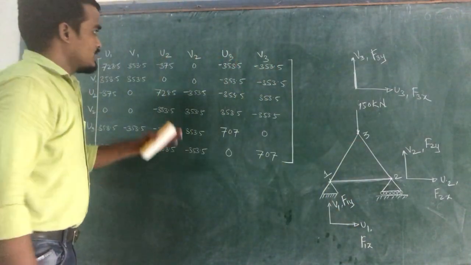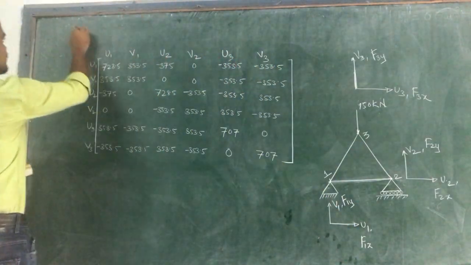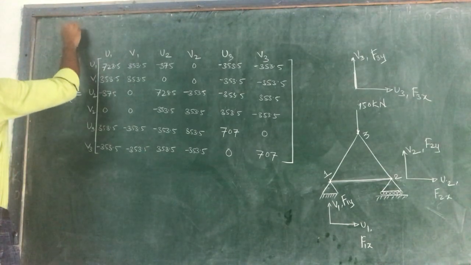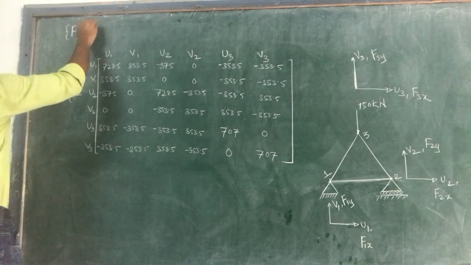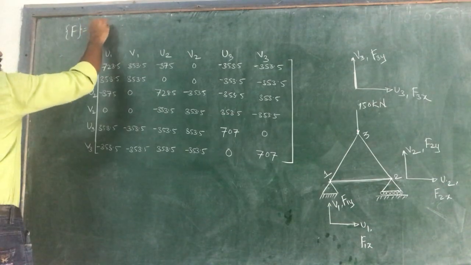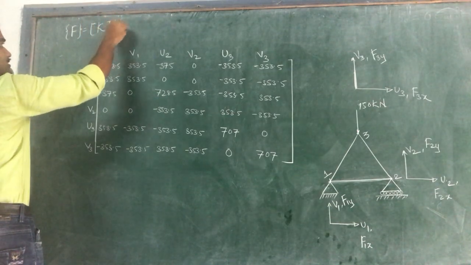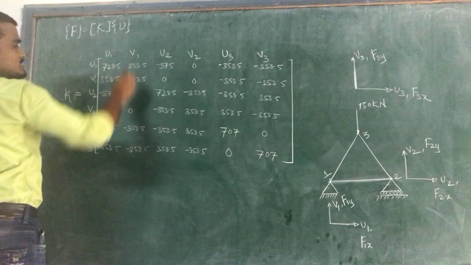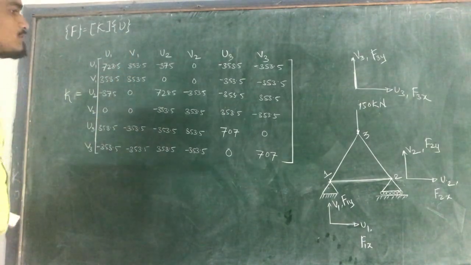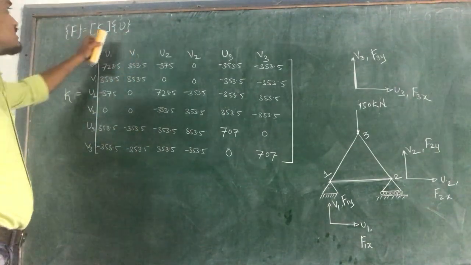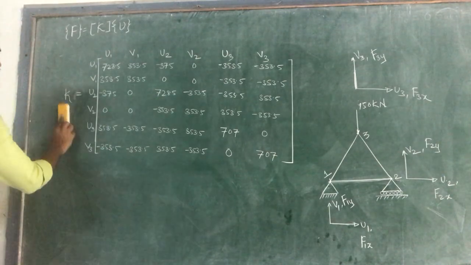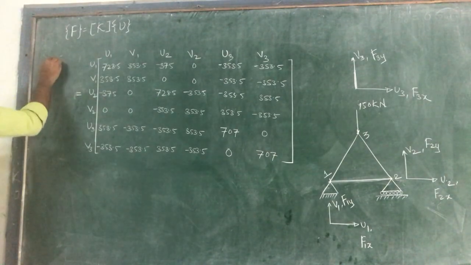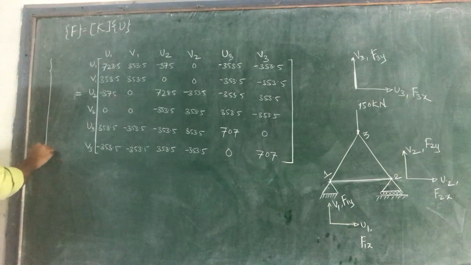Now, we need to construct the force and displacement relationship with the help of the global stiffness matrix. So by using these forces and displacements, we can construct our force and displacement relationship. So how to construct? We know that on the LHS there must be a force vector.